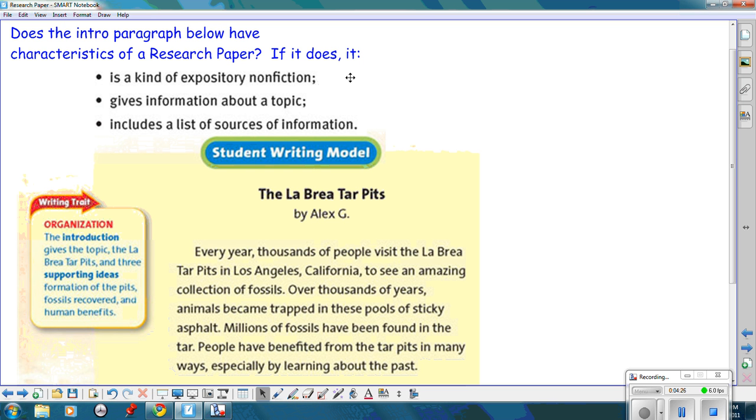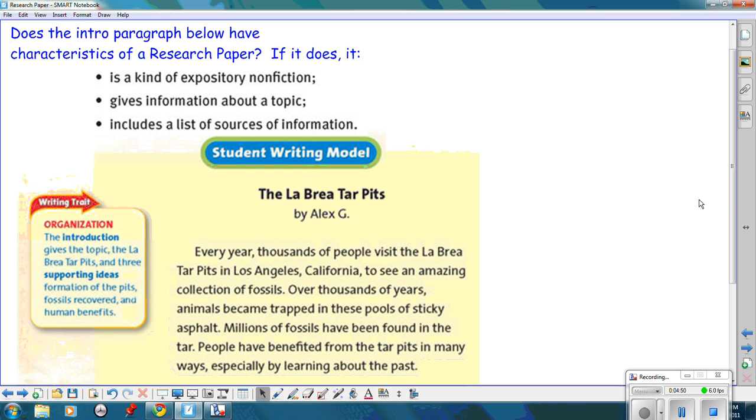That's why it's nonfiction. It is true, but it is expository, written in a bookish kind of way, with more of a narrative approach where it reads more like a story. So it's expository nonfiction if it gives factual information about a topic, and if it includes a list of sources.